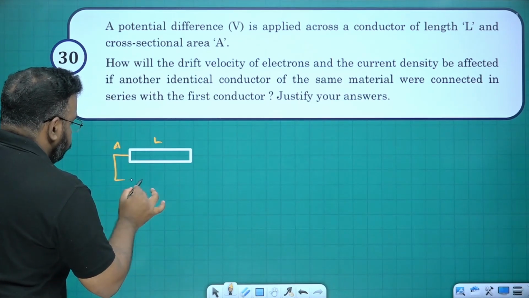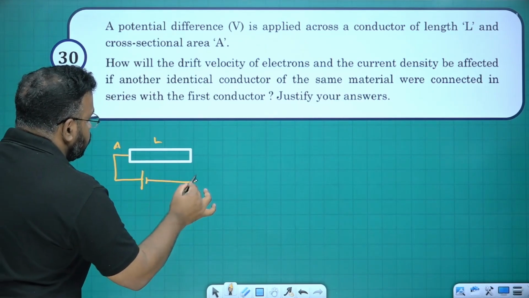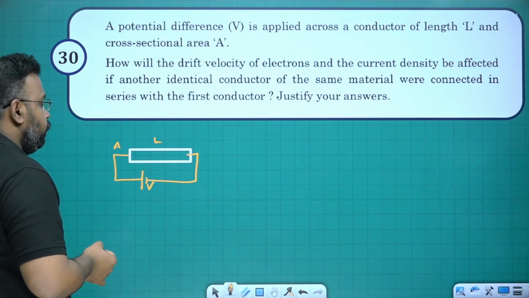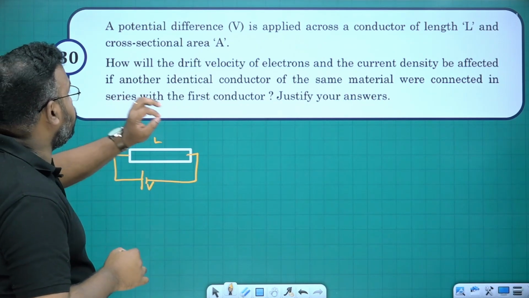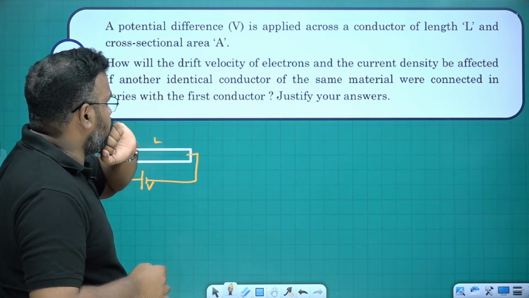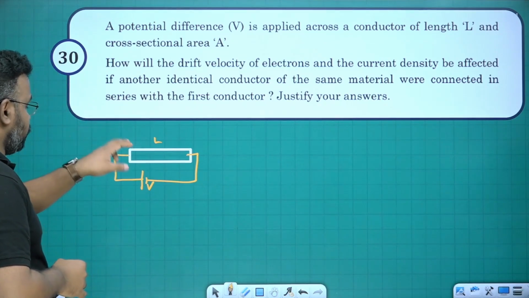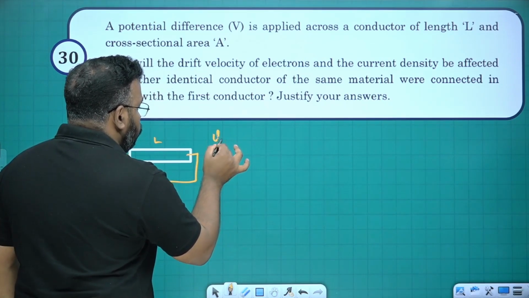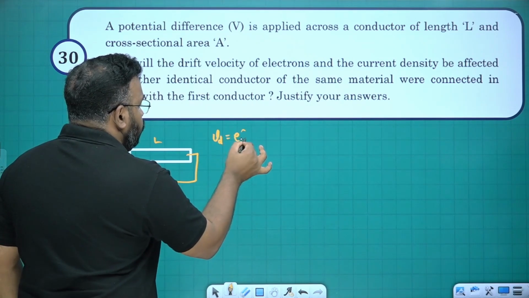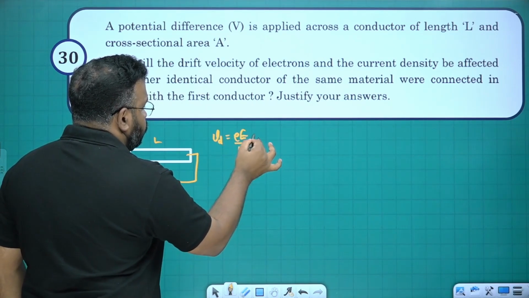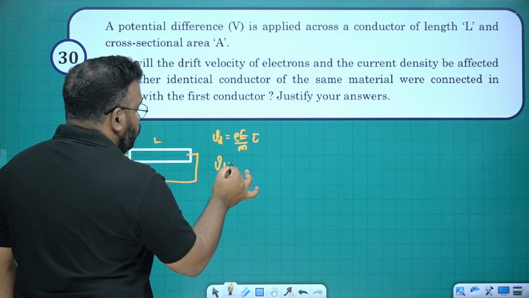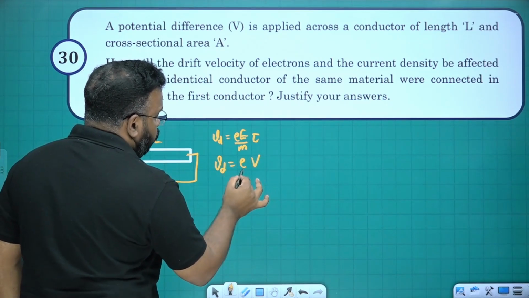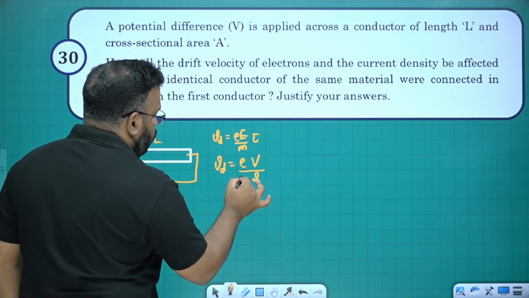Let us assume V is the potential across this. In the first case, we need to find two things: how the drift velocity of the electron and the current density are affected. For the drift velocity, we can use the formula Vd equals E by m into tau. Since E equals V by L, Vd equals V by L into tau by m.